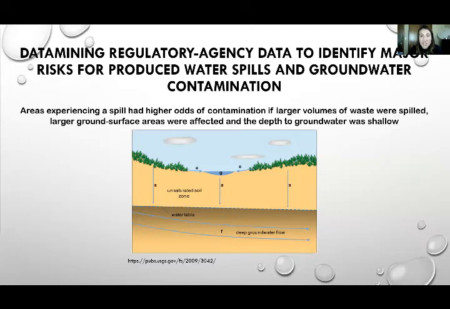So I asked these questions individually, saying that there would be higher odds of groundwater contamination if the depth to groundwater was shallow, and that the odds of groundwater contamination were higher if larger volumes of waste were spilled. And then I also asked this question in conjunction: do all three of these variables influence your risk of groundwater contamination?